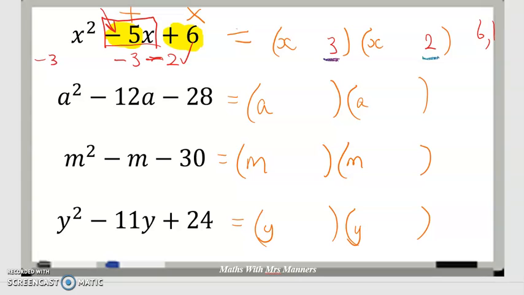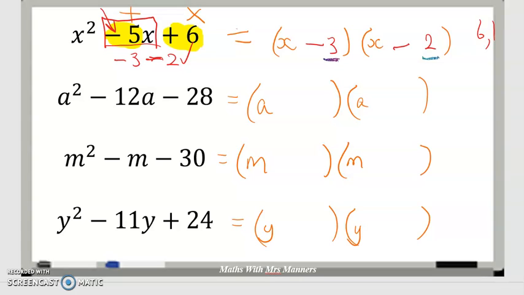Minus 3 with a positive 2 gives minus 1. A positive 3 with a negative 2 gives 1. And both positive gives 5, not minus 5. So there is only one combination. I work out the signs last.